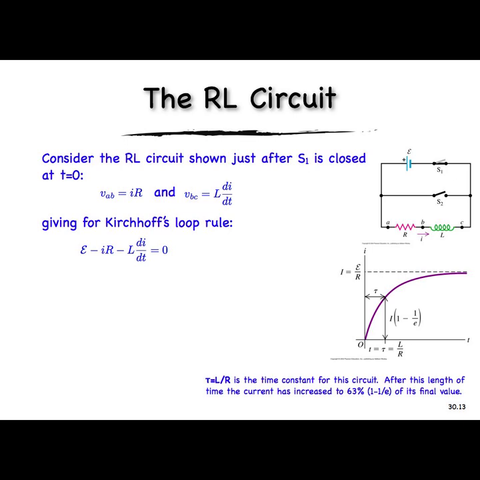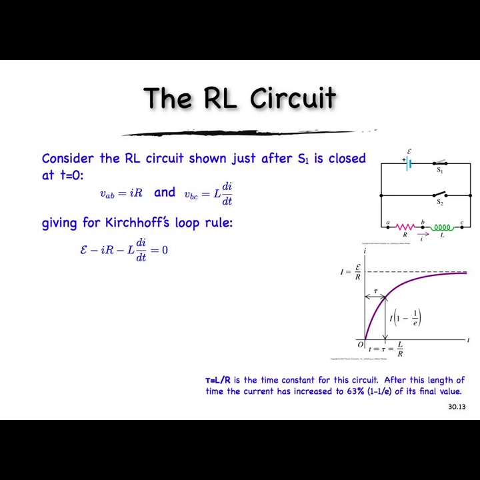Let's see if we can understand that. If we have this inductor here, let's say we have current going left to right. As we go across this inductor, if the current is increasing, is di dt positive or negative? Positive.